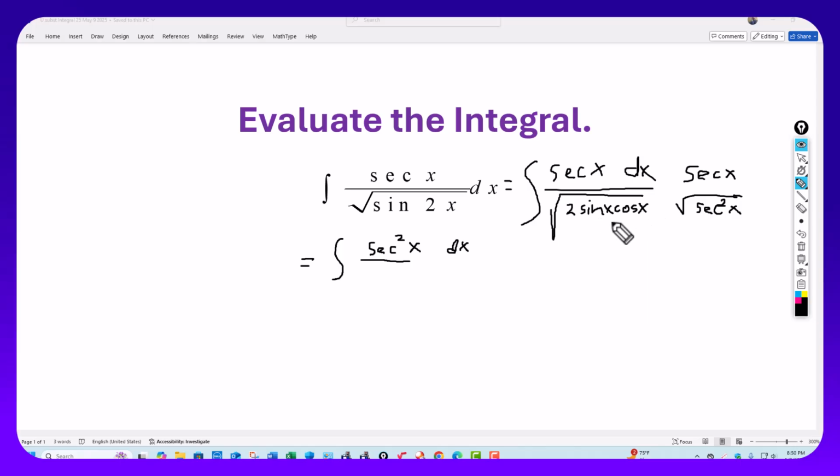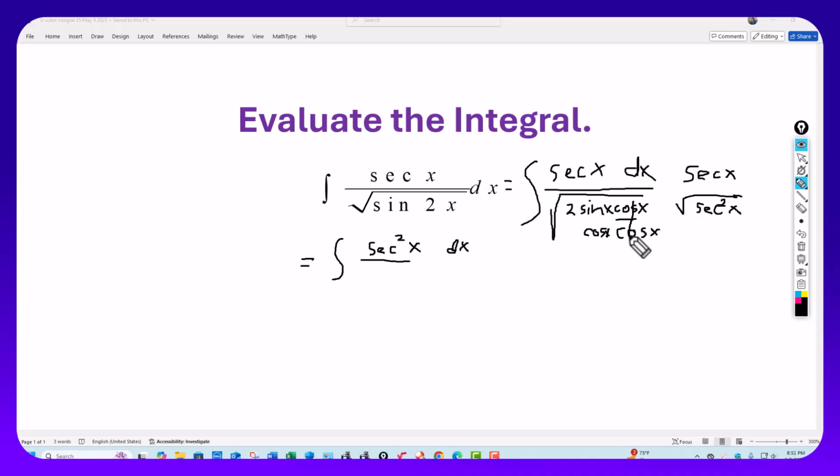So this comes in under the radical here. Secant and cosine are reciprocal, so I can replace the secant squared of x by 1 over cosine. Again, it's 1 over secant squared, and then replacing that secant squared by cosine times cosine.